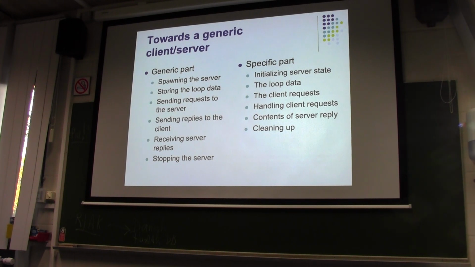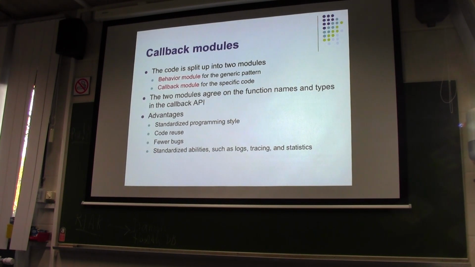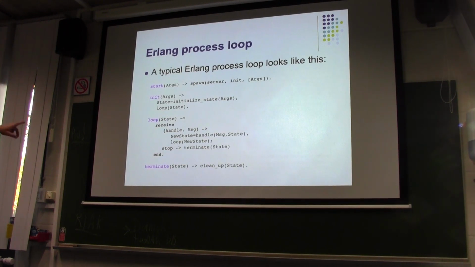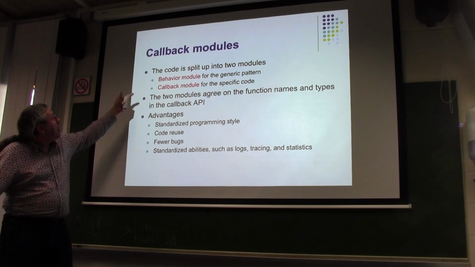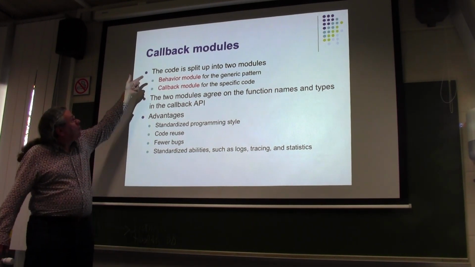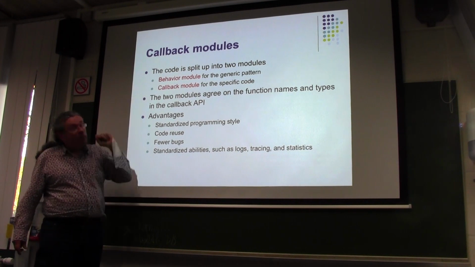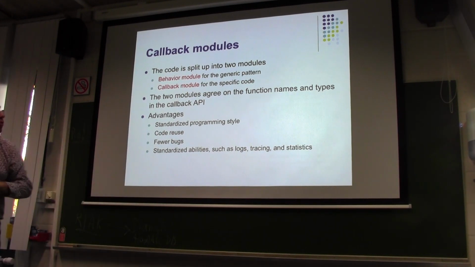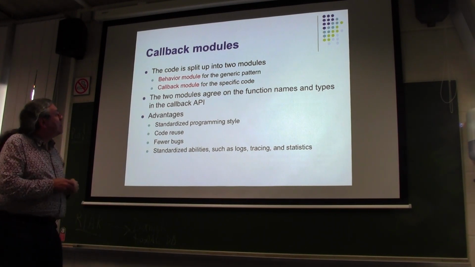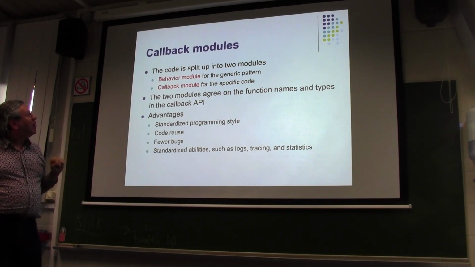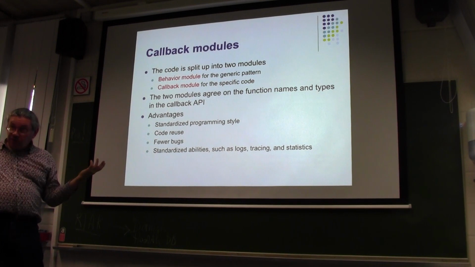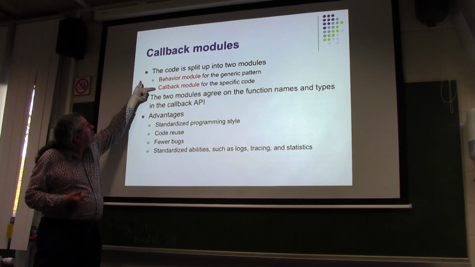So how are we going to do this? I'm going to split this code into two modules: a behavior module, which is the generic one, and a callback module for the one that the programmer writes. There will be a callback API, and they will agree. That means when I need to write a server, I only have to write the callback.